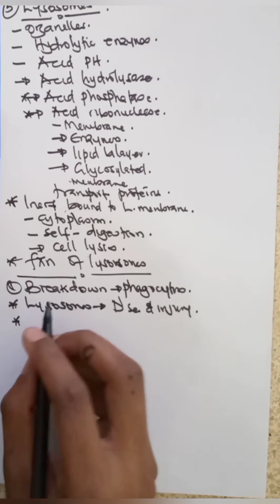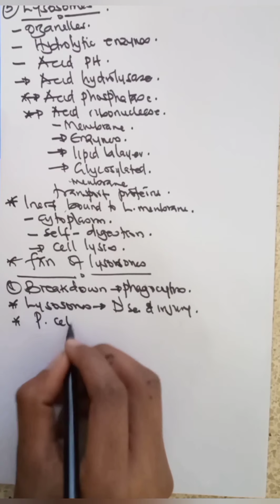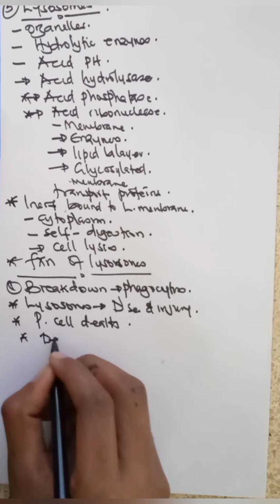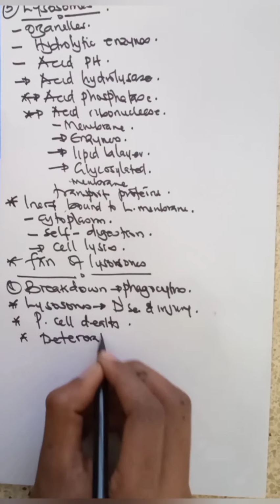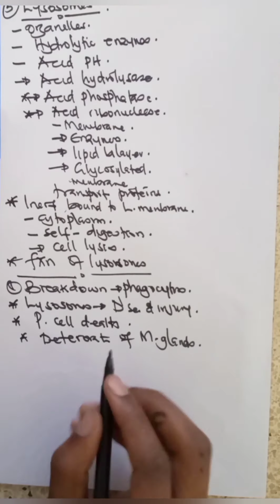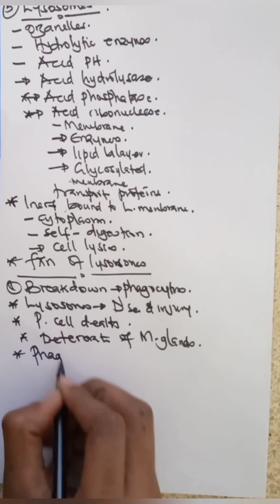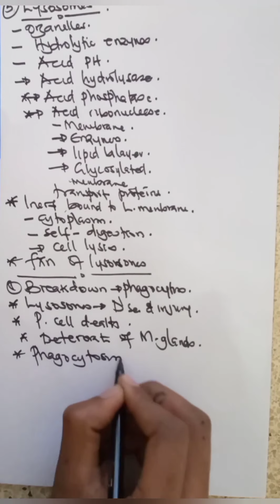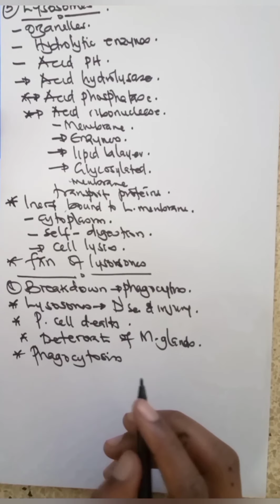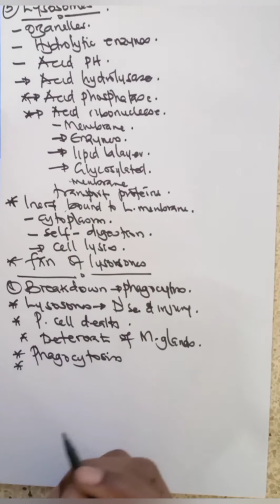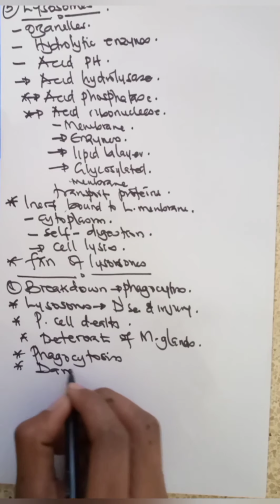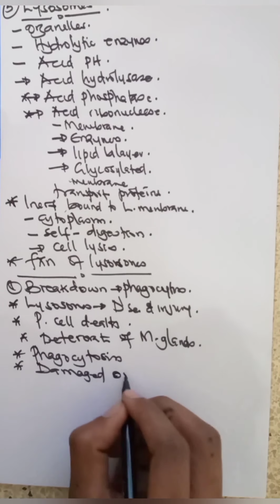Number 2, during programmed cell death. And number 3, deterioration of mammary glands, and also phagocytosis, as carried out by the neutrophils and macrophages. The other key aspect we must appreciate about the lysosomes is that they're involved in removal of damaged organelles.